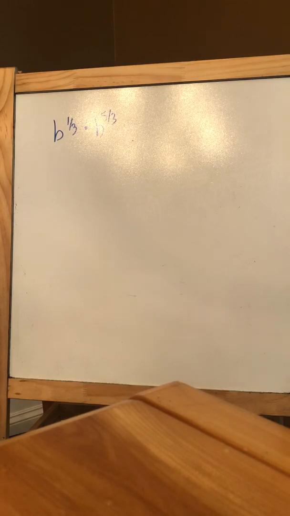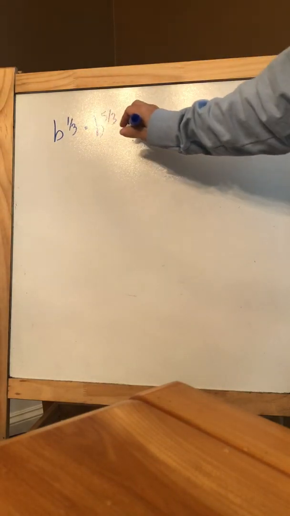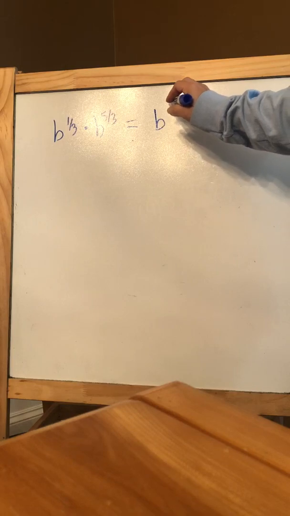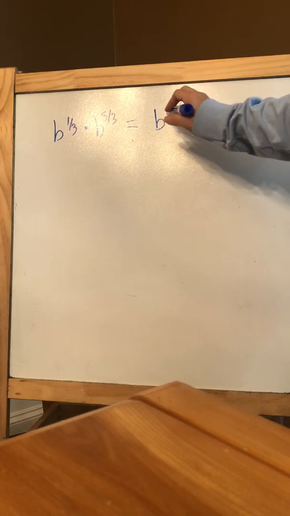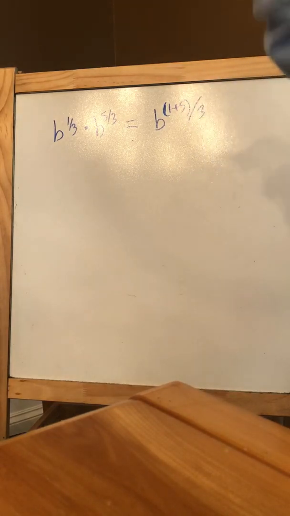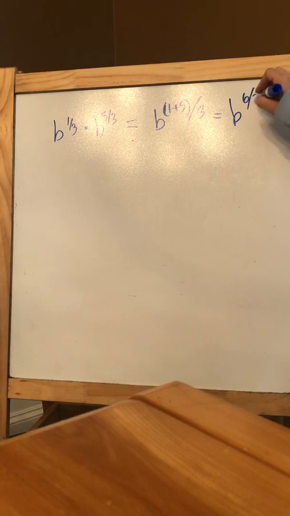Okay, so what do you typically do when you multiply exponents? They have the same denominator, we just add them together, okay? So this would be b to the 1 plus 5, right, over 3, which would be b to the 6/3, which is just b squared, correct?